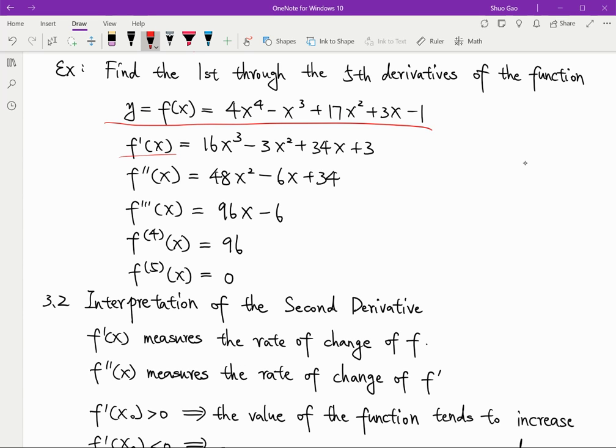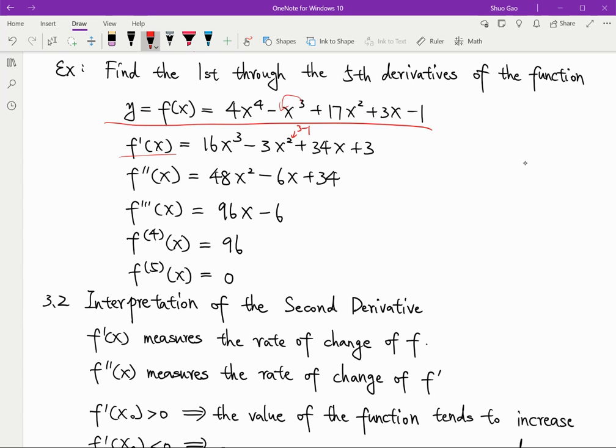So that's 16, which is 4 times 4, times x cubed, minus, we plug the 3 in front of the x and get 3 times x squared, right? So here this is 3 minus 1, x squared. And then plus 34x, and then plus 3.